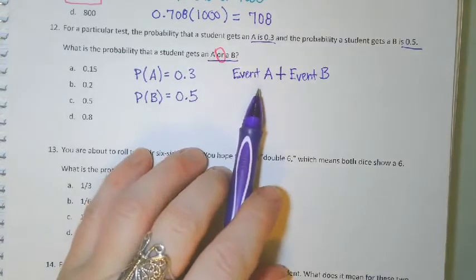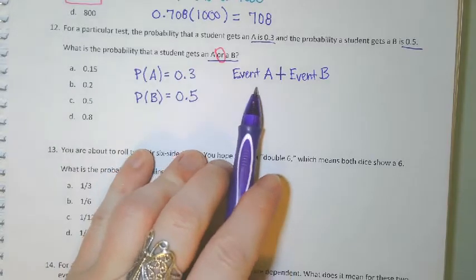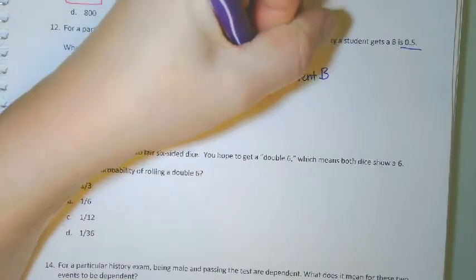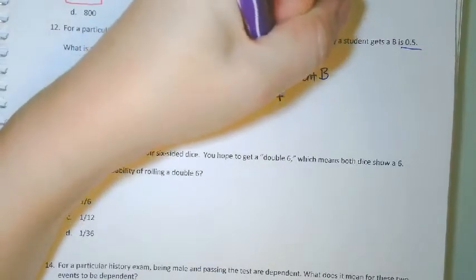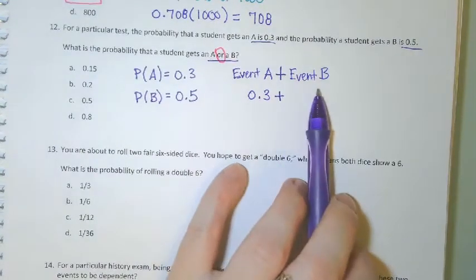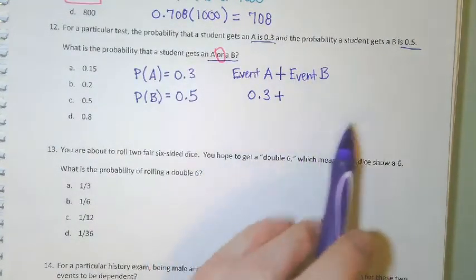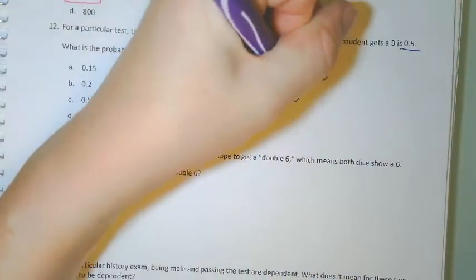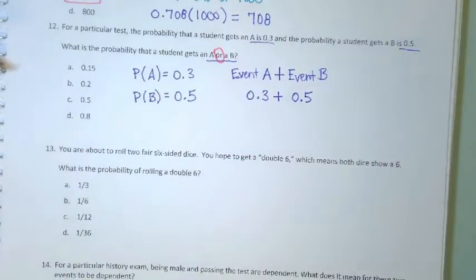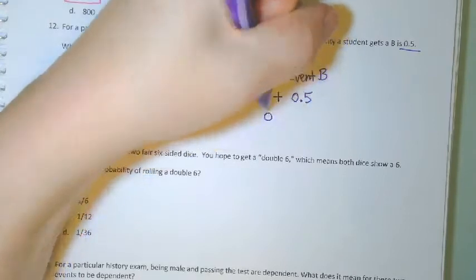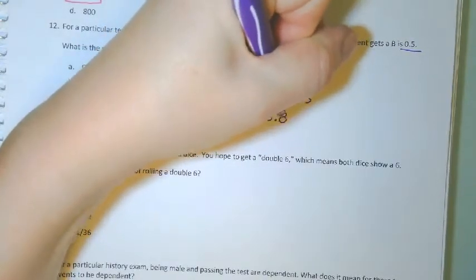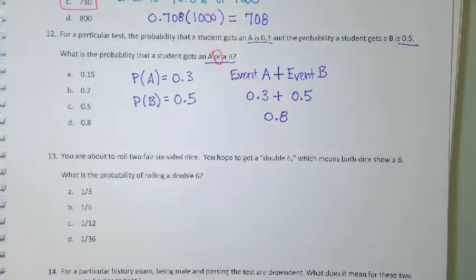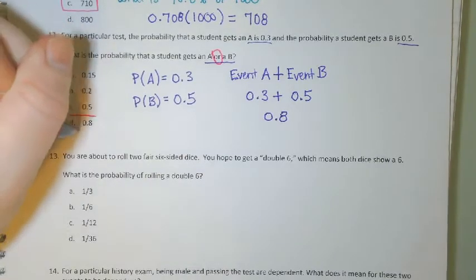So the probability of event A occurring, the student getting an A, was 0.3 plus the chances of event B occurring. So the probability that the student got a B grade, 0.5. And adding those together, we come up with the answer 0.8. So in this case, the correct answer is D.